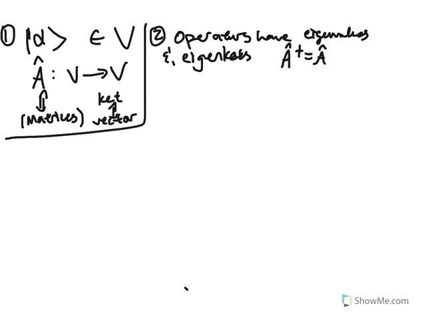And the reason things have to be Hermitian is because the eigenvalues of a Hermitian operator are real. So if you got that, then great. If not, you can ignore that. Just assume that things go as you expect. And so basically the important thing is that these operators have an eigenbasis associated with them.